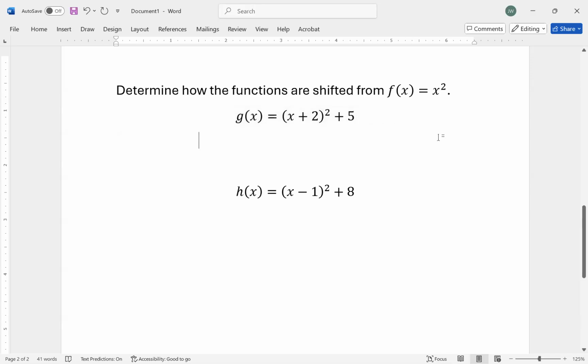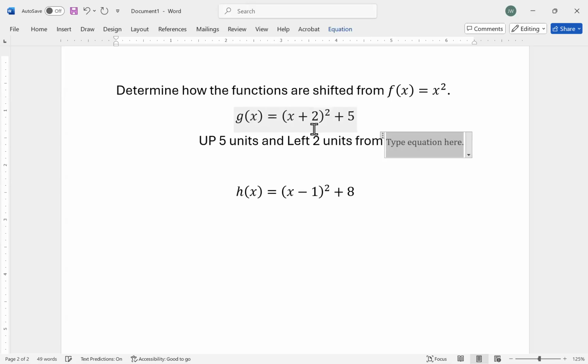So this is shifted up 5 units. And again, always have to remember it's x minus h, so that's going to be a negative 2. We're going to shift left 2 units from our original function, f of x equals x squared.